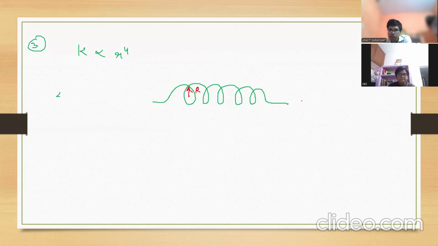But this wire, this straight wire, it is not coiled. It also has a certain radius. It has a small circular cross-section area, so it also has a certain radius. It is small r. I am drawing here, okay?